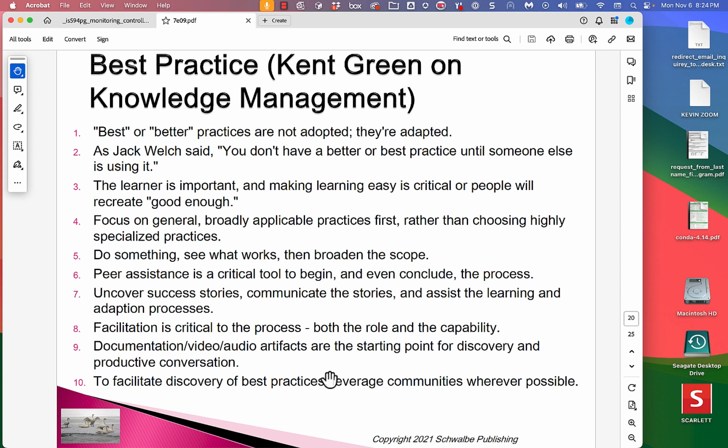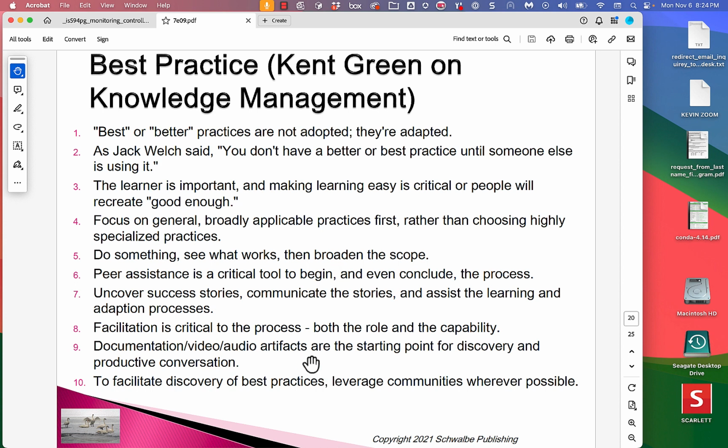Facilitation is critical to the process, both the role and the capability. So, again, this knowledge management and knowledge transfer isn't just going to happen organically. Okay. It's important for the project manager to look for opportunities to have this go on. I think you want to exploit organic opportunities, but you want to make sure this gets done.